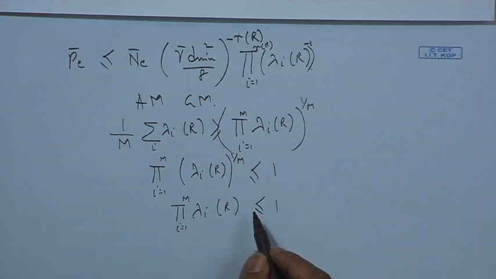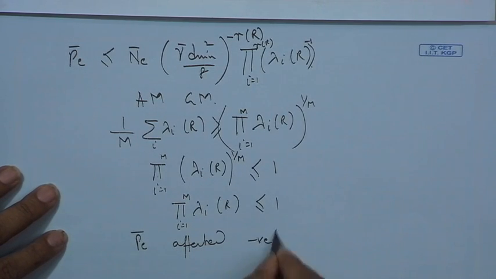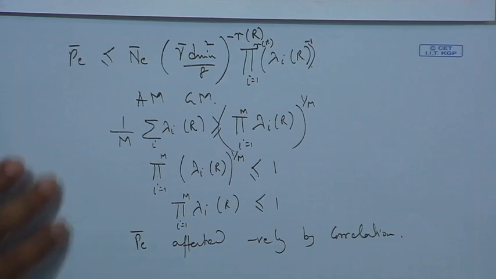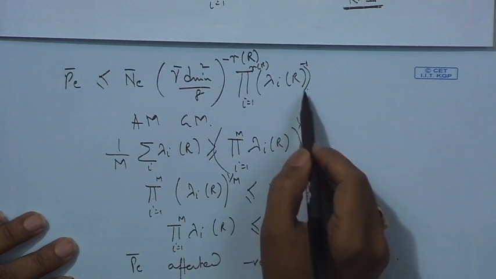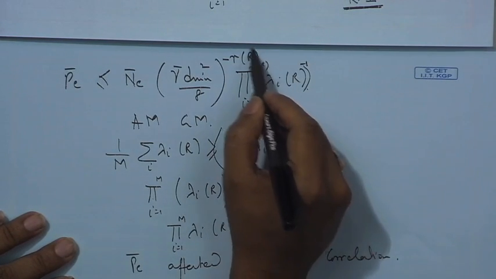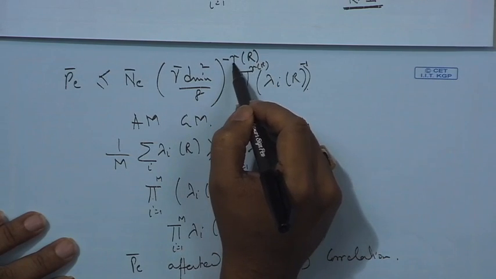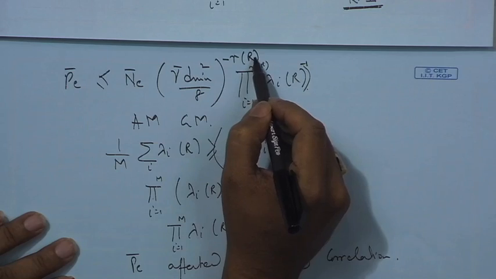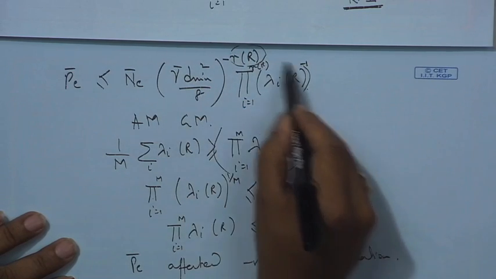So from this, what we can also gather is that the error probability Pe bar is affected negatively by correlation. You get a double effect: the error probability increases because this is less than or equal to 1, and secondly, this is raised to the power of r, the rank of R. So if the rank is less than MTMR, then this exponent is also less, as well as this term adds to it.